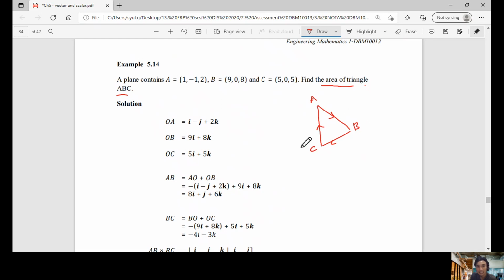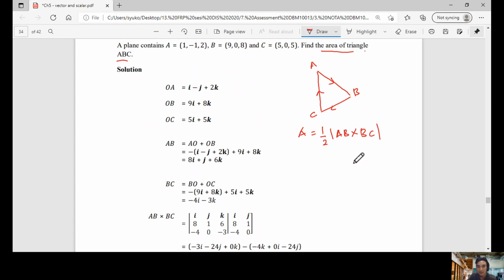So that we know that the area of the triangle formula is A equals to 1/2 modulus AB times BC. So we must find out the AB and BC first. So in this solution, it show that AB equals to AO plus OB.